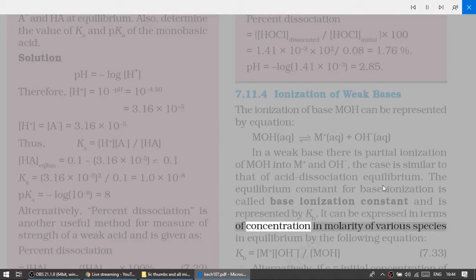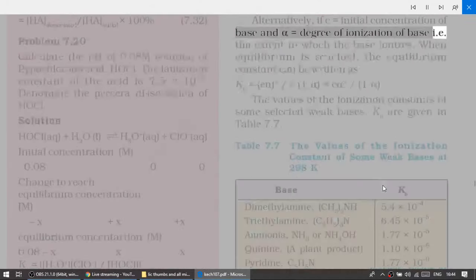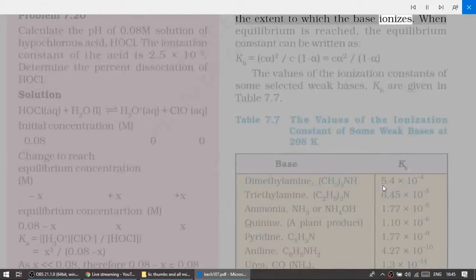It can be expressed in terms of concentration in molarity of various species in equilibrium by the following equation: Kb = [M⁺][OH⁻]/[MOH]. (7.33) Alternatively, if c is the initial concentration of base and α is the degree of ionization of base, i.e. the extent to which the base ionizes, when equilibrium is reached, the equilibrium constant can be written as Kb = cα·cα/c(1 − α) = cα²/(1 − α).